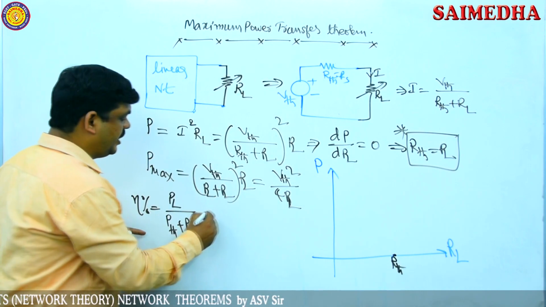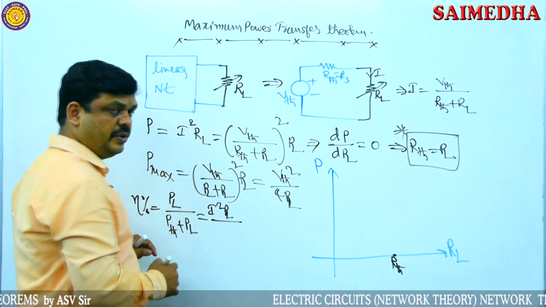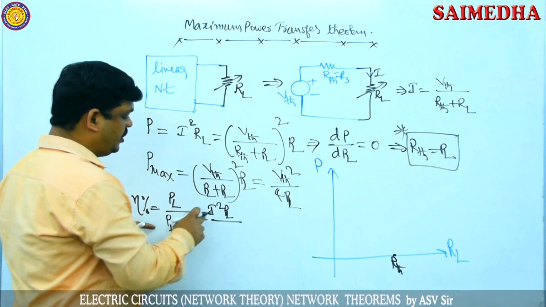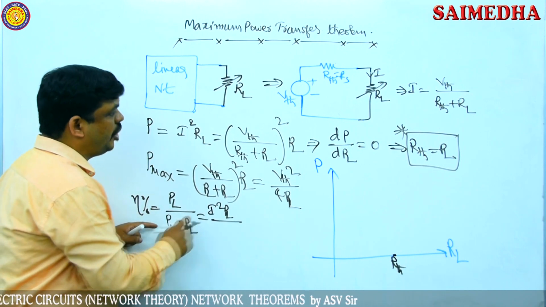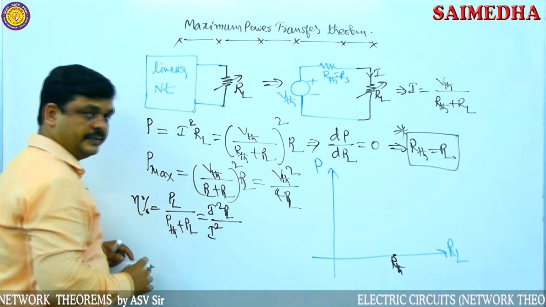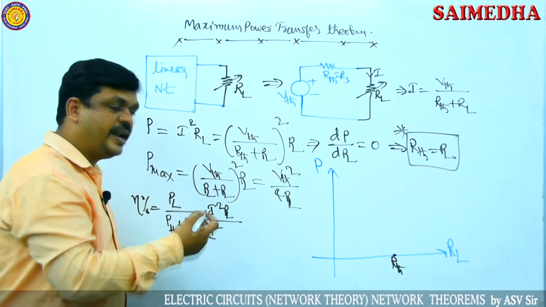Then I am writing the equation: I square into RL, into 100 for percentage, divided by I square into R Thevenin plus I square into RL.